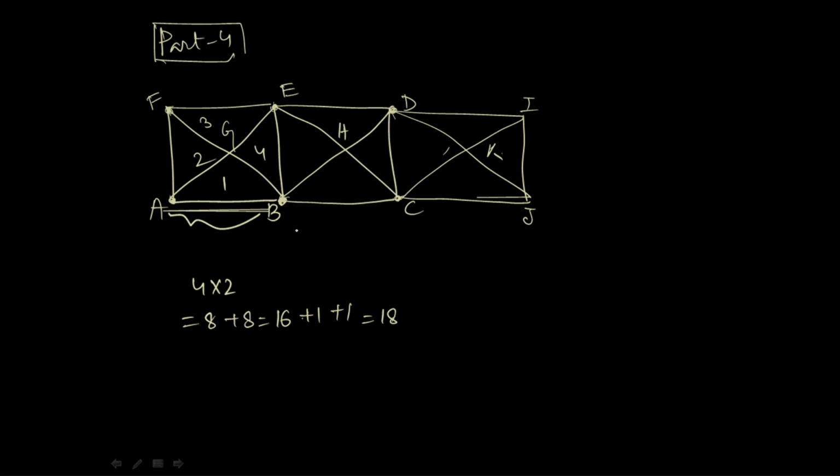So how many triangles are there? There will be 8 more triangles. 1, 2, 3, 4. There are 4 triangles, right? So 4 into 2, 8, right? So 18 plus 8. And for this joining at C and D, we will have 2 triangles more, B, D, G, J, and E, C, I. So there will be 2 more. So how many will these be? 28, right? So there will be a total of 28 triangles.